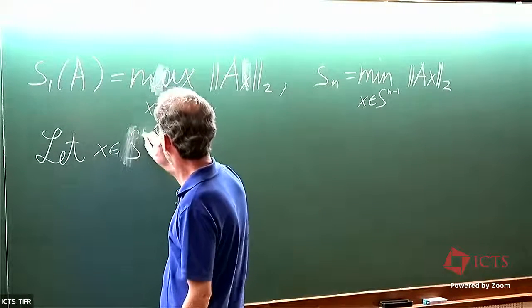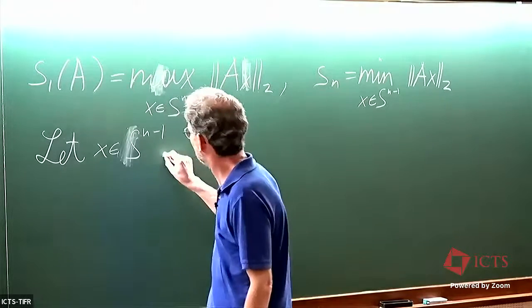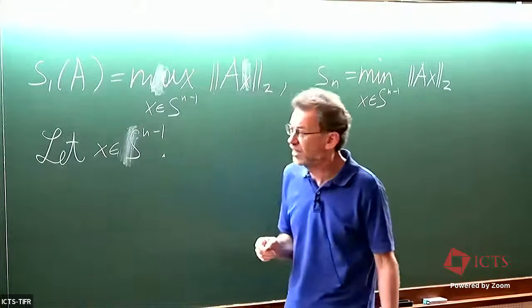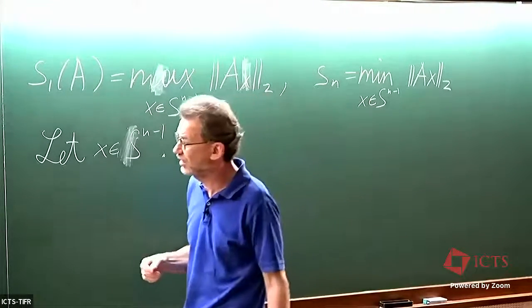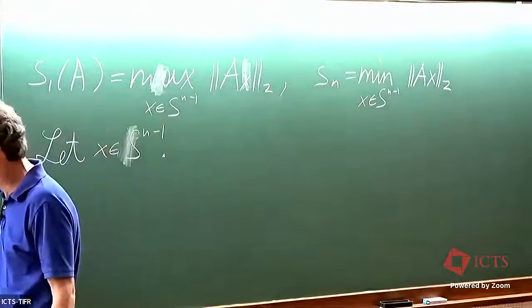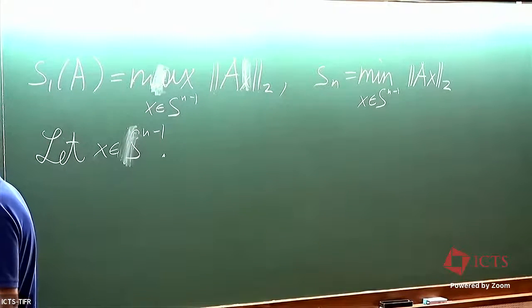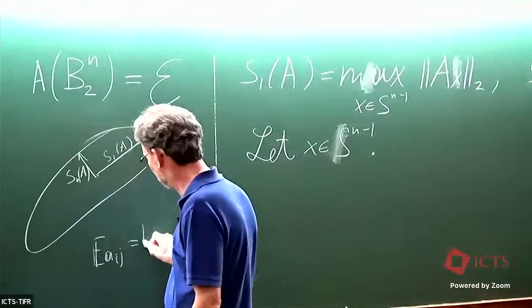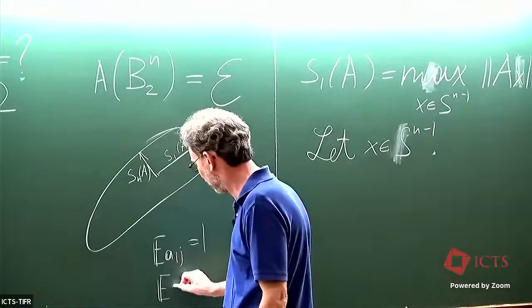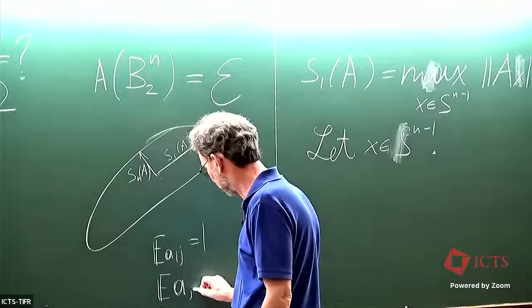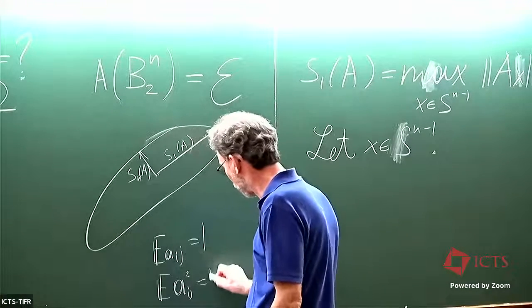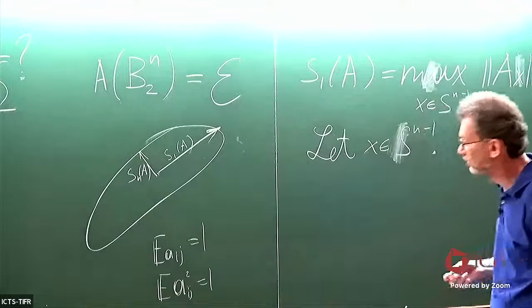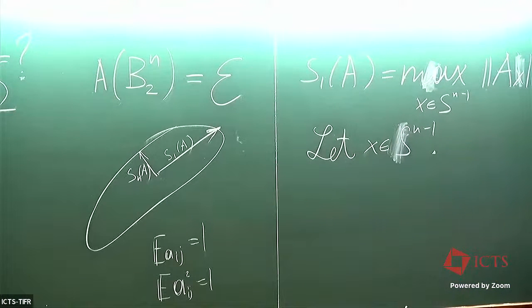In the sphere. And I will assume that the matrix A has IID entries with expectation 0 and variance 1, for example.